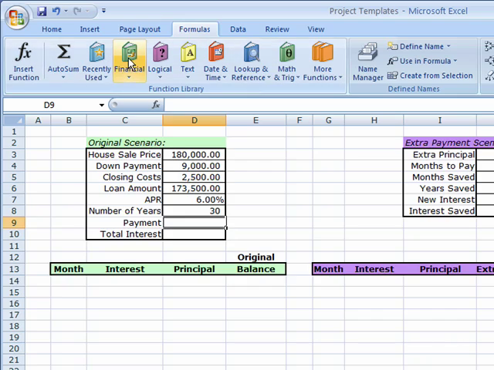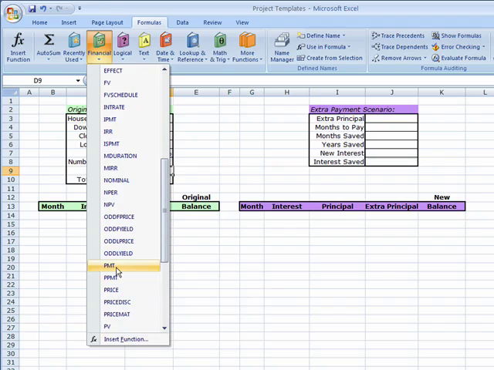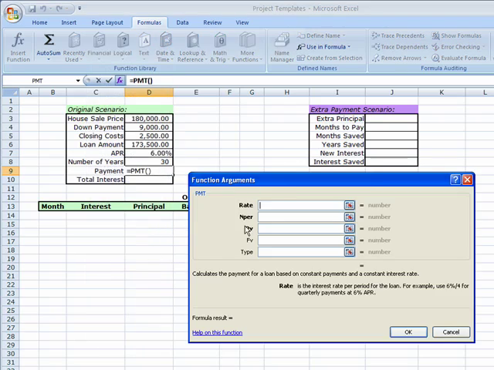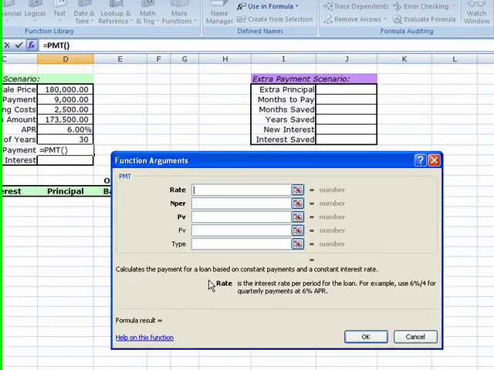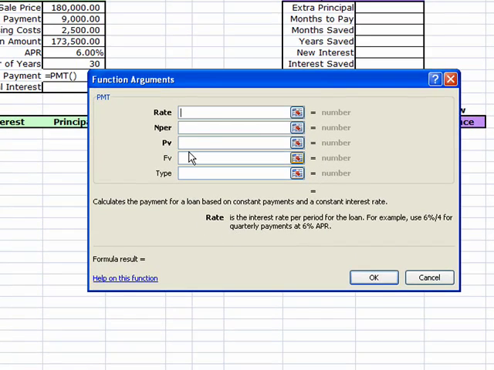Now for our payment, let's go to the formulas section, financial tab, and then PMT. That's what we're looking for, PMT for payment. Notice at the bottom there are prompts to help us decide what we're putting into these cells to get our formula and our equation.